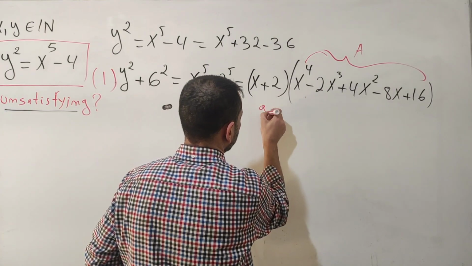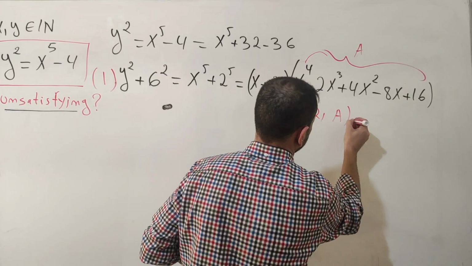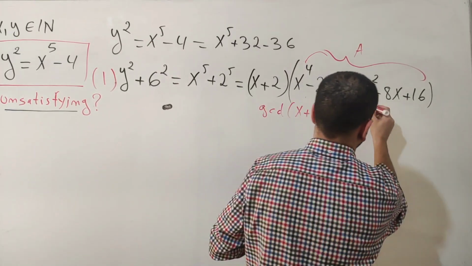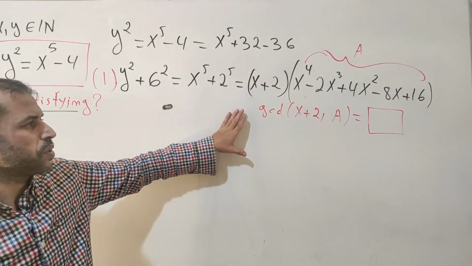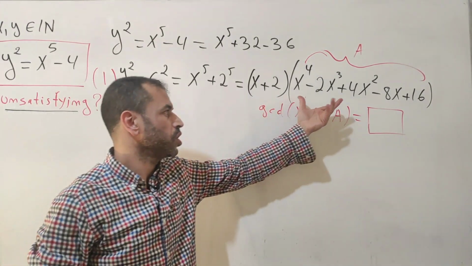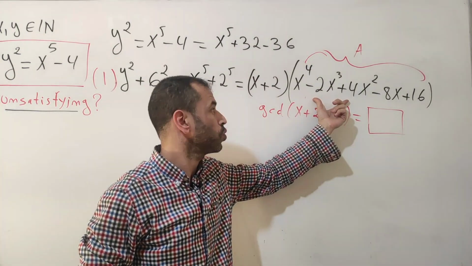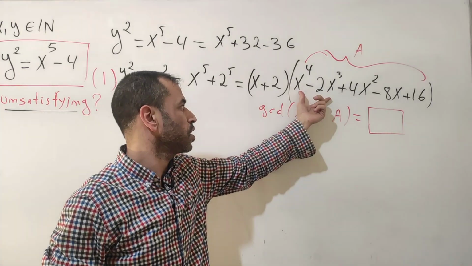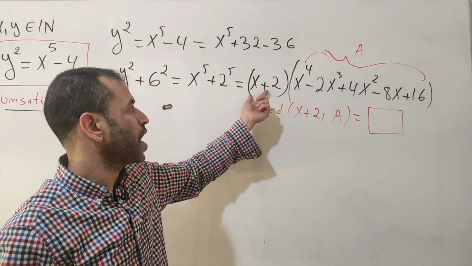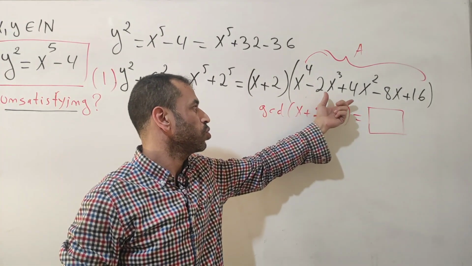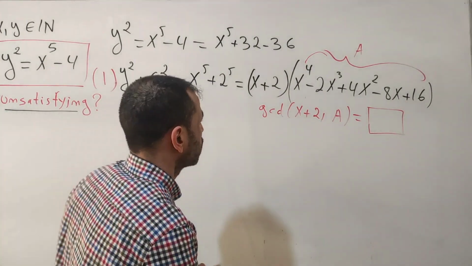Let's set the GCD of x plus 2 and capital A. How are we going to calculate this? The nice trick here is to reduce this expression to the smallest value possible by adding or subtracting multiples of x plus 2, in order to know the value of the GCD.